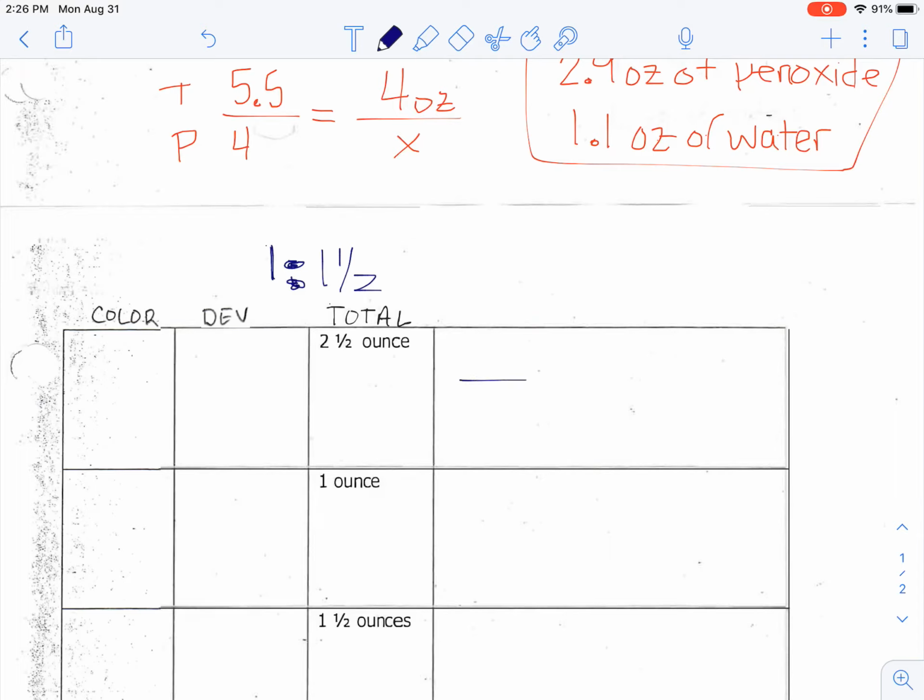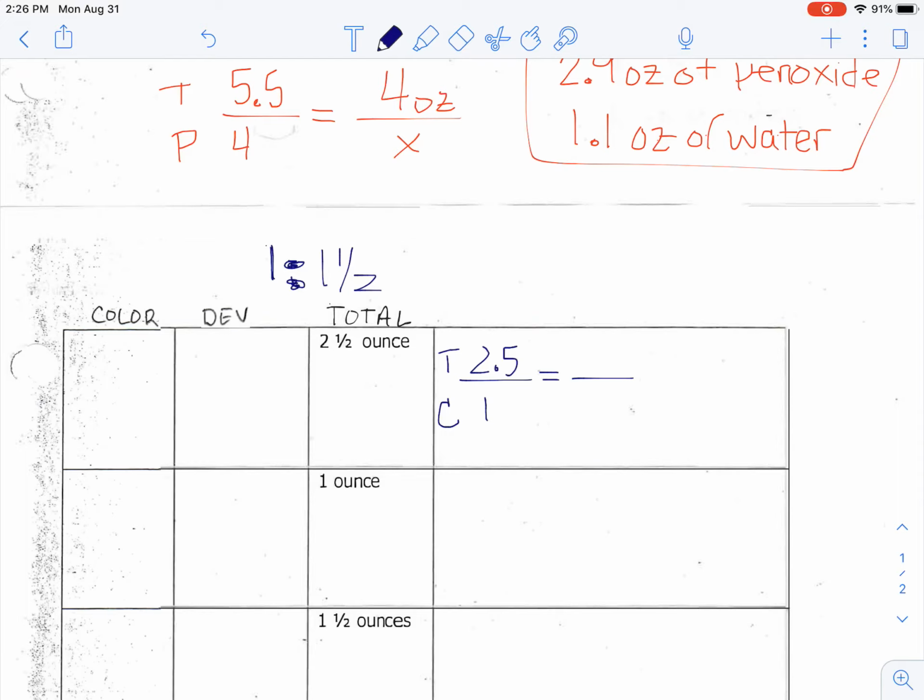So to do our little bit of work here, on the left hand side we put all about the parts, and in this case we're going to do total, and let's do color. It doesn't really matter which one you do, just pick one to use all the time so that you get yourself in a sequence. Total number of parts would be 2.5 parts.